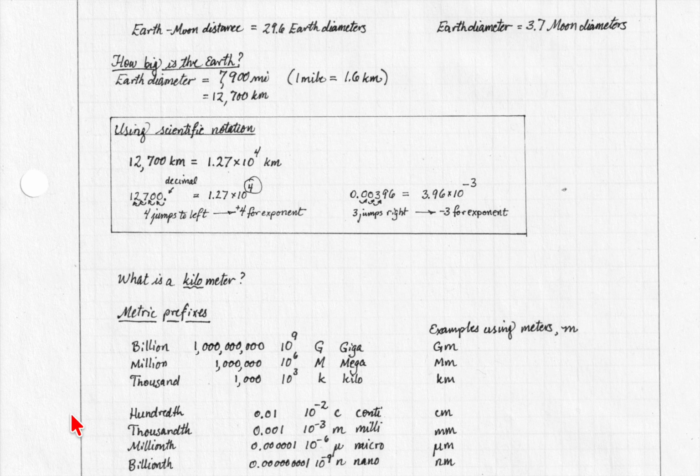Now, we can also take it down to fractions of a meter. As I said, the ones that we use almost exclusively are factors of 10 to the third, either positive or negative. Thousands, millions, billions, and thousandths, millionths, billionths. But there's one exception to this for common use, and that is a hundredth.